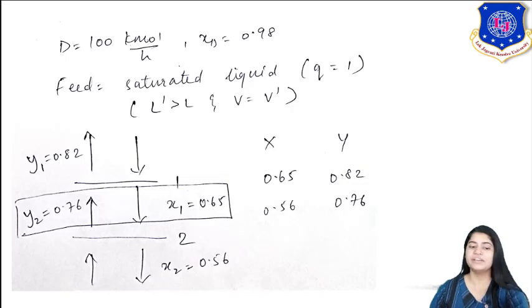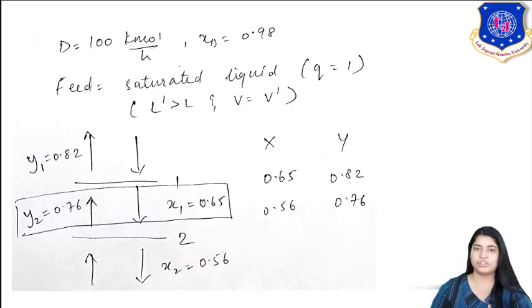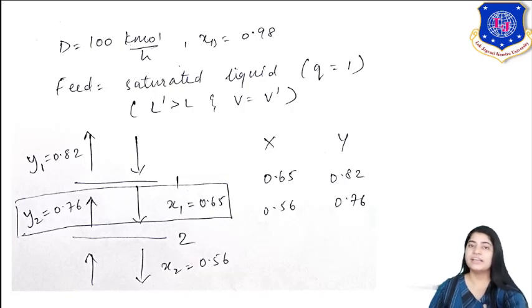From plate 2, the vapor which is leaving is 0.76. Now talking about liquid composition. As you go down, the composition of A, the more volatile component, decreases. Hence, the liquid leaving plate 1, that is X1, is 0.65. And X2 is 0.56.